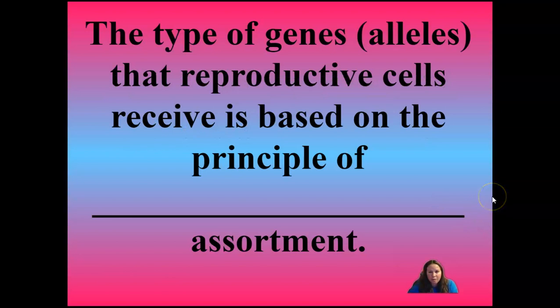The type of genes or alleles that reproductive cells receive is based on the principle of, answer is independent assortment. That's during meiosis, when the alleles from your mom and dad are mixed up and you get them independently assorted into the sperm and egg that made you.